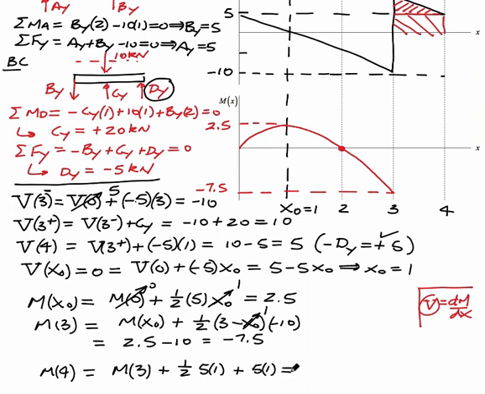So this is going to be M at 3, minus 7.5, plus 5. The 5 is correct, but I have it in the wrong spot there. 2.5 plus 5.